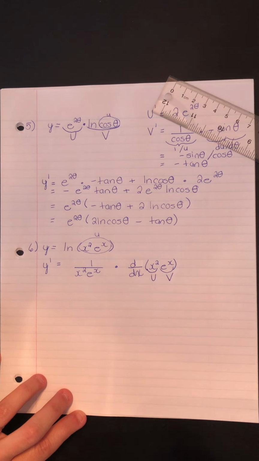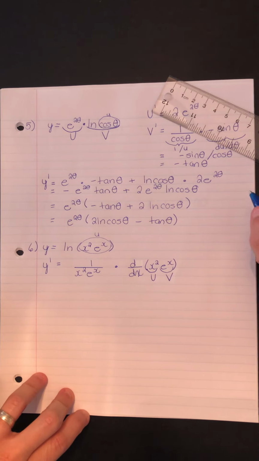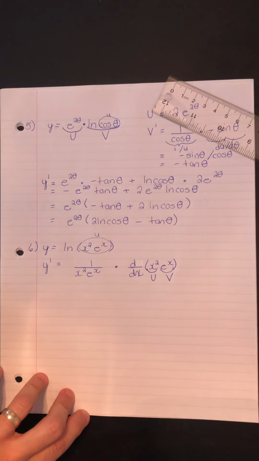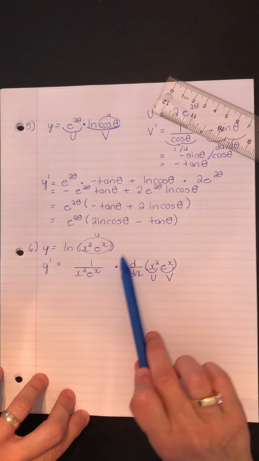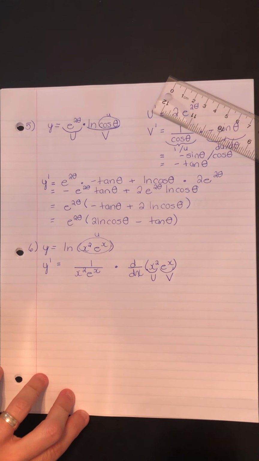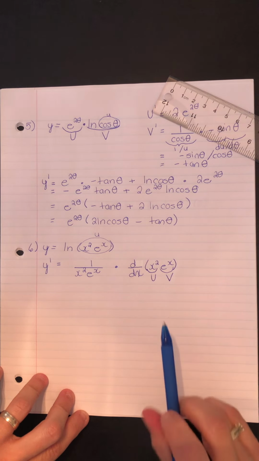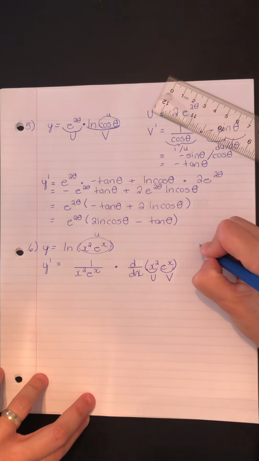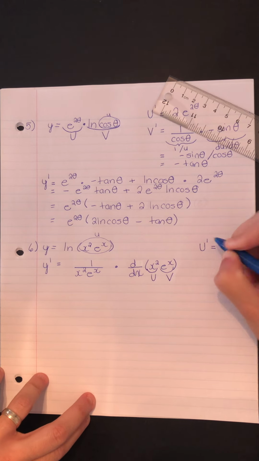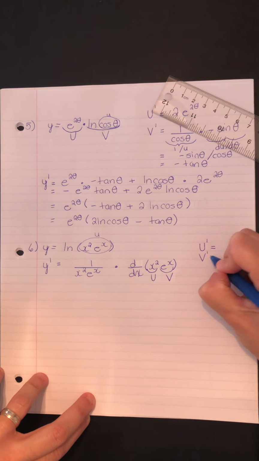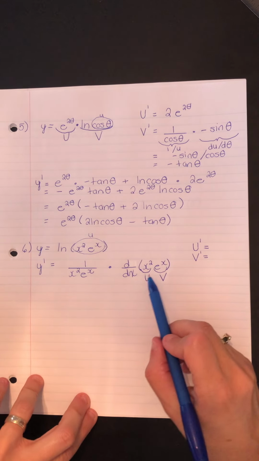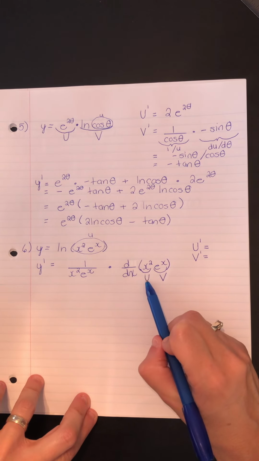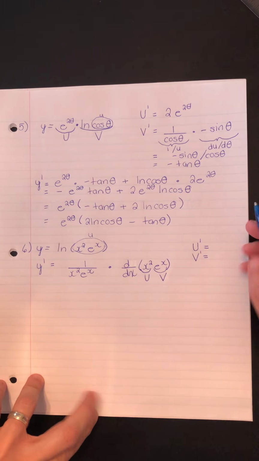So this time, the product is in the argument of the function. So in this spot here, we definitely need a product rule. So let's write down what we're going to use for u prime and v prime. I think I have room here because they're very simple derivatives. Okay, so firstly, what's the derivative of capital U, which is x squared?